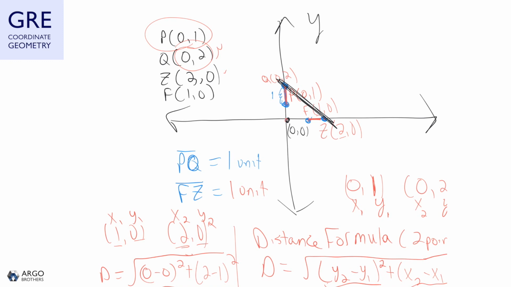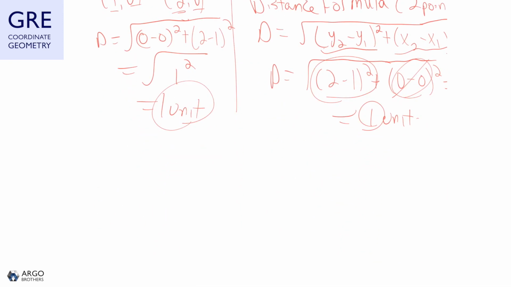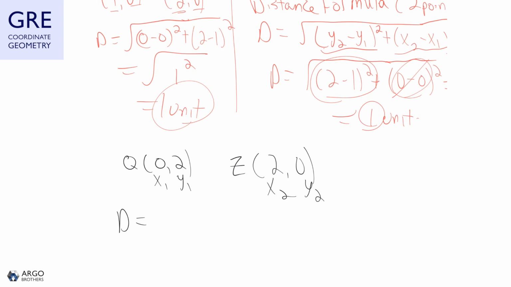Q is 0, 2, and Z is 2, 0. So those are our 2 points, okay? So we have Q as 0, 2, and Z as 2, 0. So here's x1, y1, x2, y2, and the distance is the square root of y2 minus y1, so that's 0 minus 2.